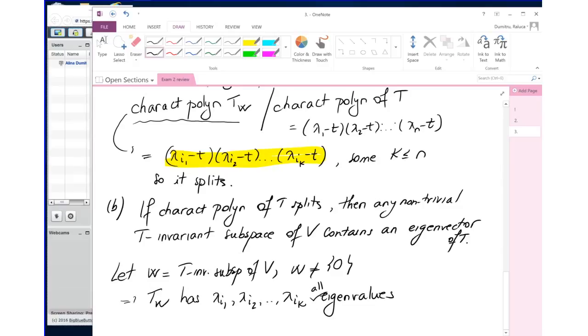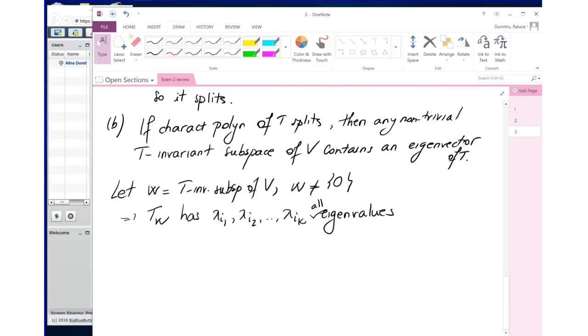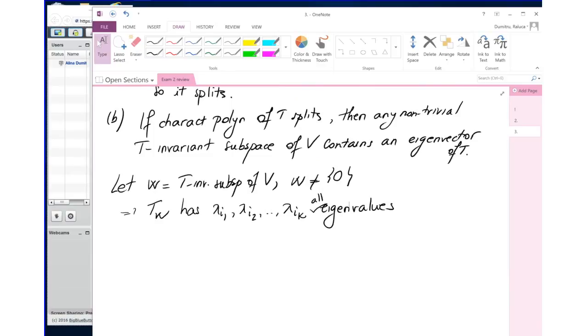Those are all the eigenvalues of T_W. But it's at least one of them, right?